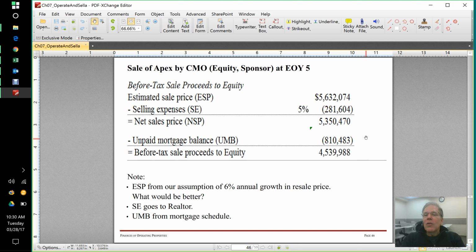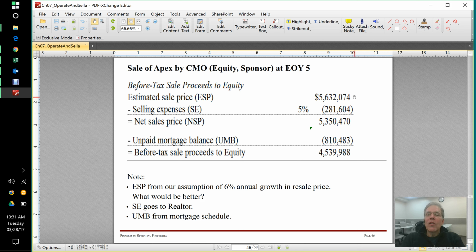All right, so what do they do when they sell this thing? They've got two things that they've got to do. The first is they're going to have to pay off their lender, the unpaid mortgage balance. And again, we're assuming right now there is no penalty for early repayment of the mortgage in this case. So they go ahead and do that.